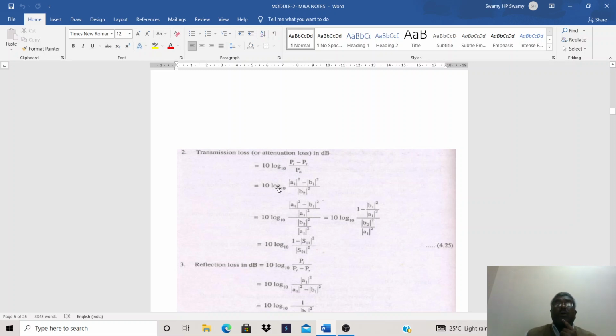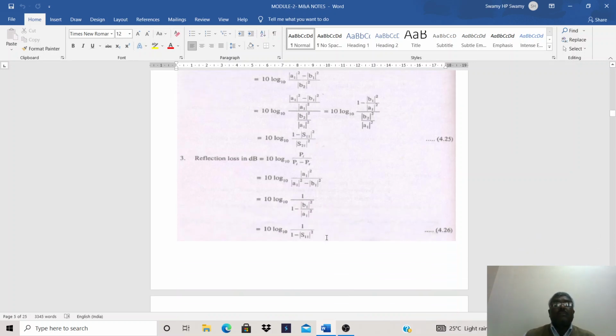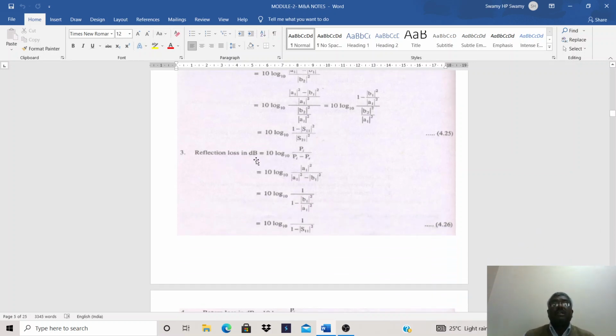So 10 log base 10 of magnitude of A1 squared minus magnitude of B1 squared divided by magnitude of B2 squared. After substituting, we get 10 log base 10 of 1 minus magnitude of S11 squared divided by magnitude of S21 squared.